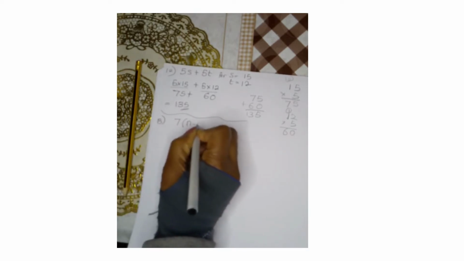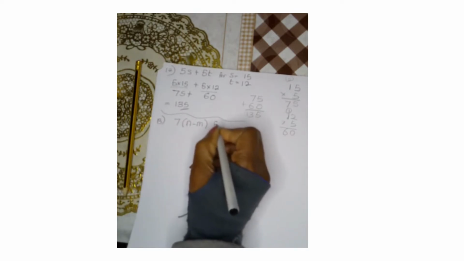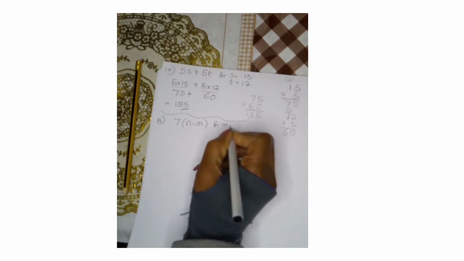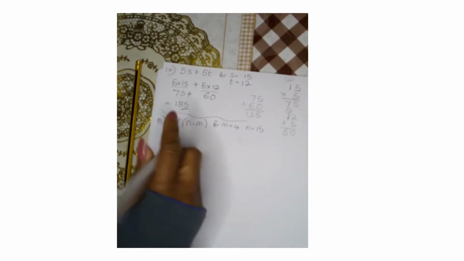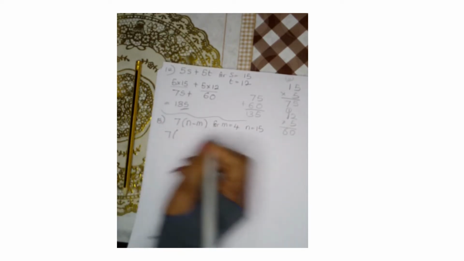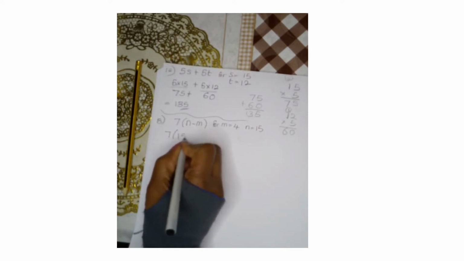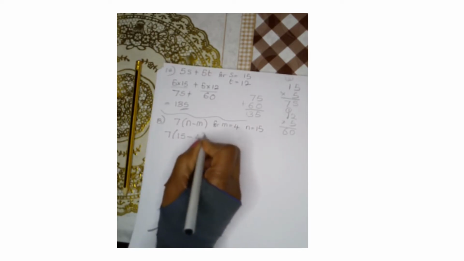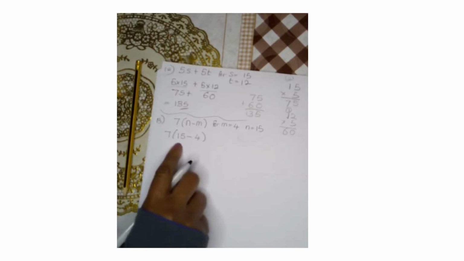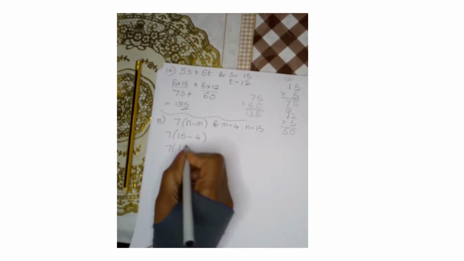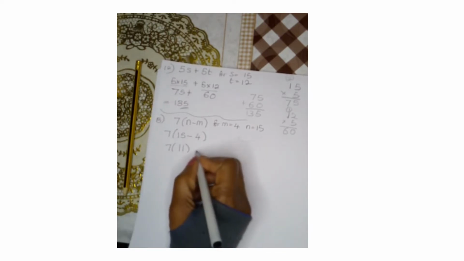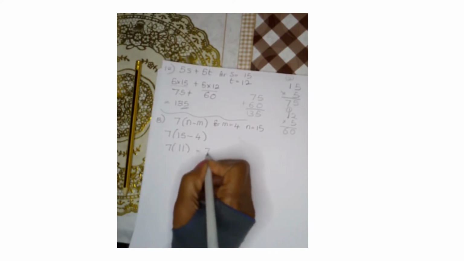7n minus m for m equals 4 and n equals 15. It will give you 7, n is 15, and m is 4. 15 minus 4 is going to give you what? 11. 7 times 11 is going to give you 77.